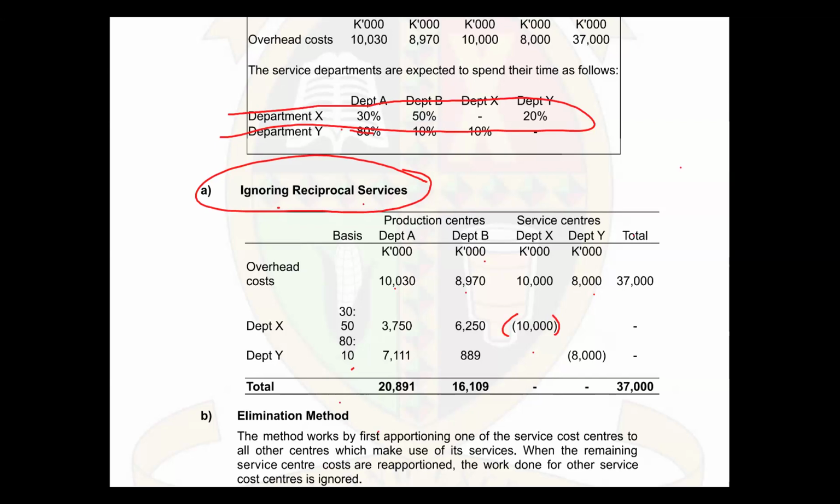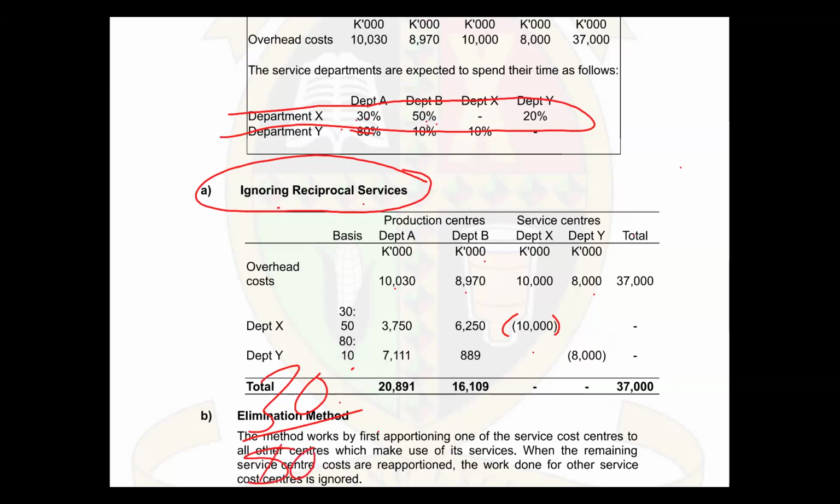Since we are not sending anything to Y, we assume the 20 is not there, so just add the two: 50 plus 30, that is 80.